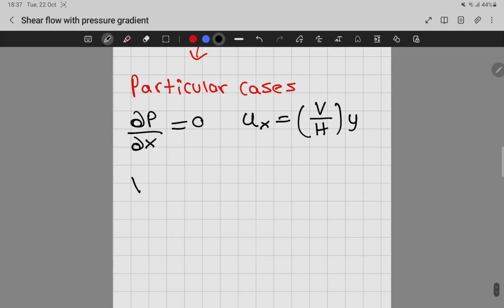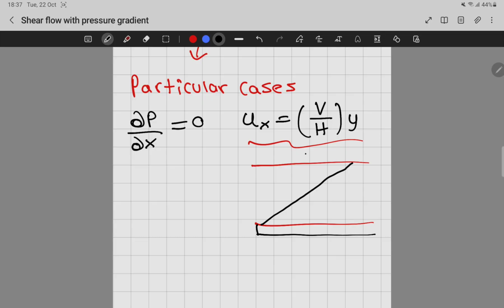On the other hand, when the top plate is not moving. So before that, remember this is the solution of the simple shear flow problem. Remember that this is a linear term. This is our bottom plate, which is fixed, and at the top plate we have that the top plate is moving.